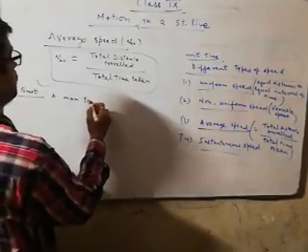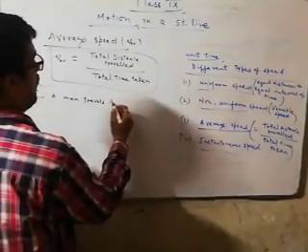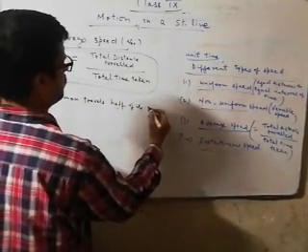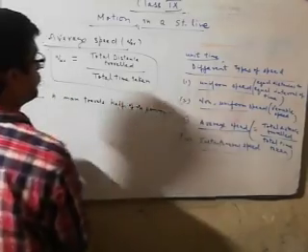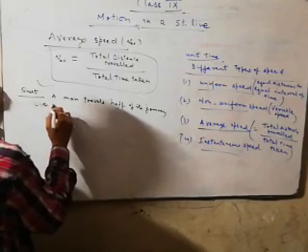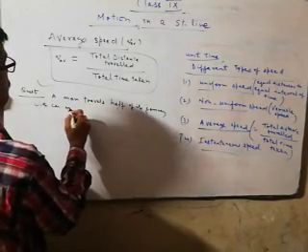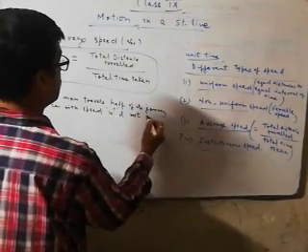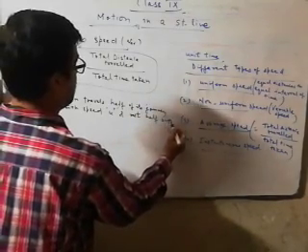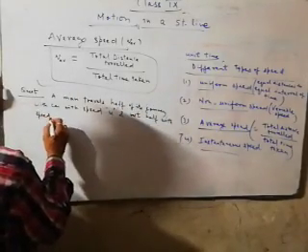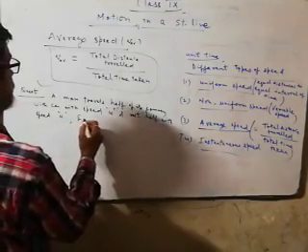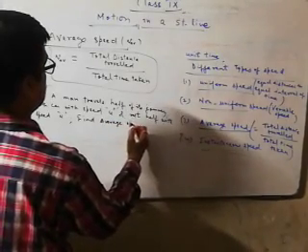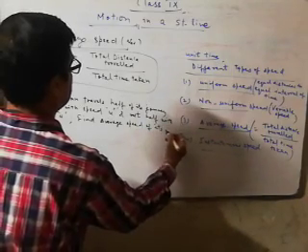A man travels half of its journey with a car with speed u and the rest half with speed v. Find the average speed of its journey.